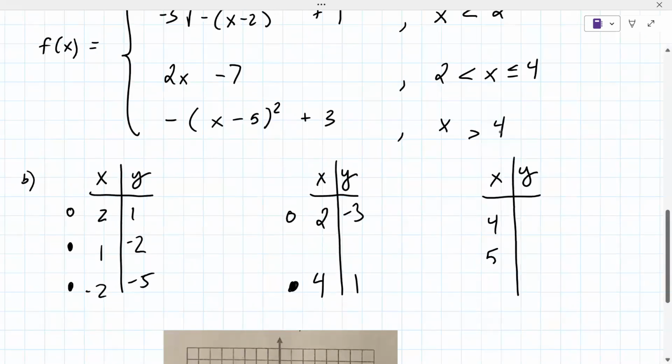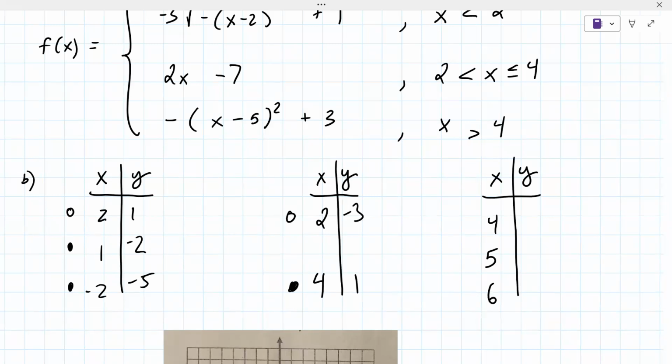All right, for the last one, it's x greater than 4. So we ought to try a couple of points here, maybe 4, 5, and 6. Give me the outputs there, please. Wait, I'm trying to remember. PEMDAS, I think, is the phrase. It is.